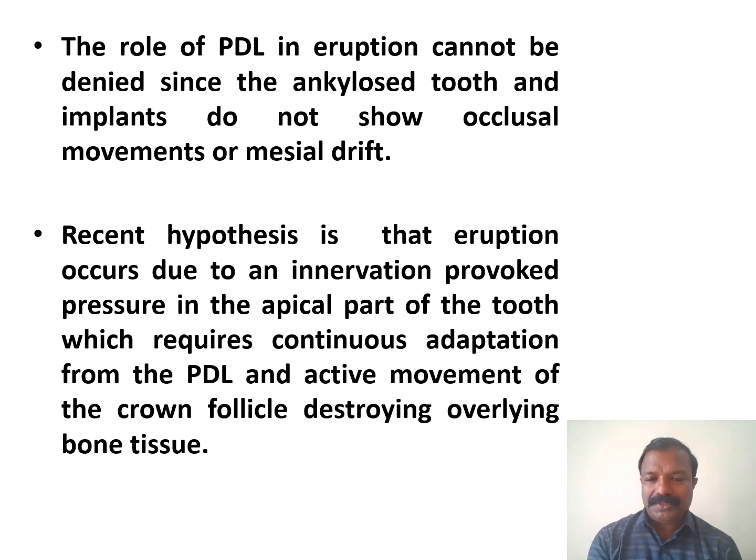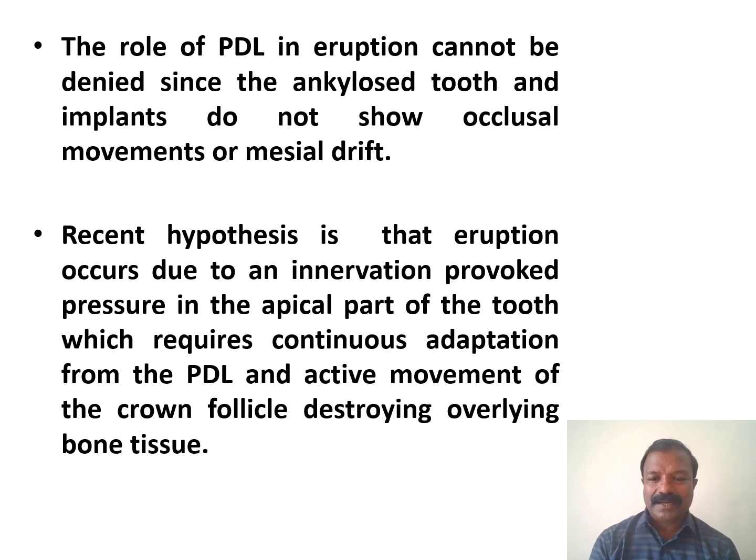A recent hypothesis regarding tooth eruption is that it occurs due to an innervation-provoked pressure in the apical part of the tooth, which requires continuous adaptation from the periodontal ligament and active movement of the crown follicle, destroying the overlying bone tissue.